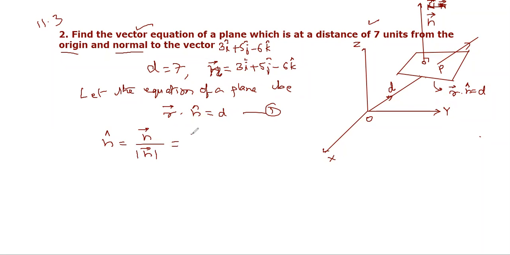So here the vector is 3i cap plus 5j cap minus 6k cap, divided by its magnitude. Its magnitude is under root 3 square plus 5 square plus minus 6 square.